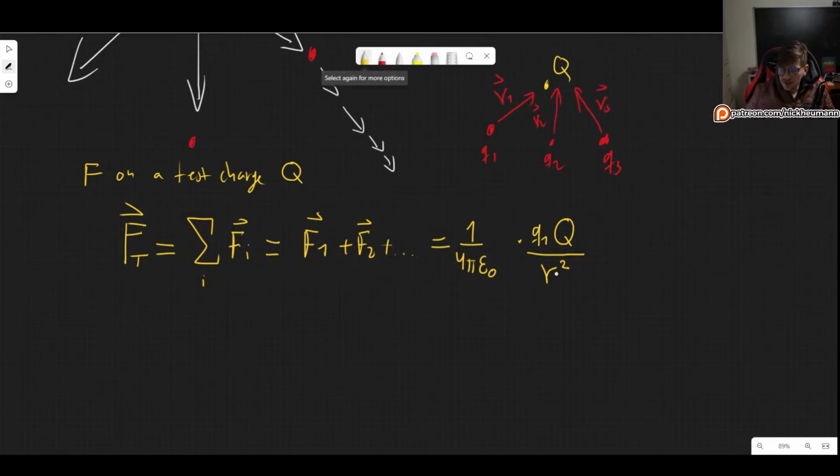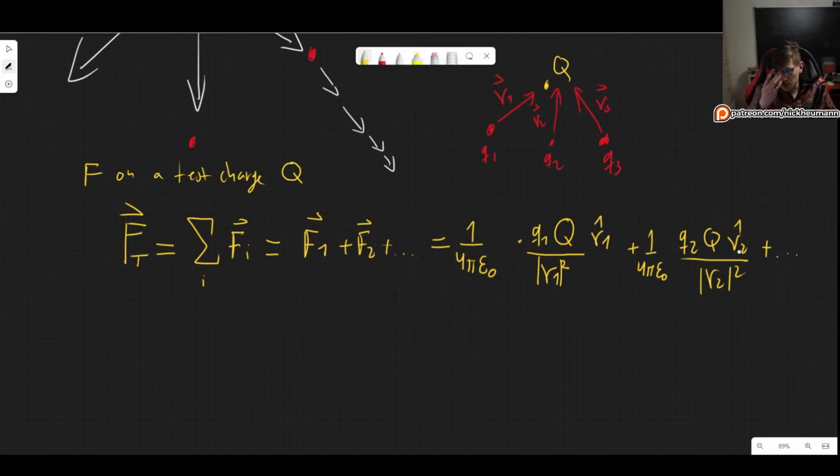So here we have to divide by the modulus of R1 squared, and we multiply it by the unit vector R1 hat. And now we do the exact same thing for the second charge. It's the same, but with a 2 instead of a 1. And of course, you go on and on with every single charge.